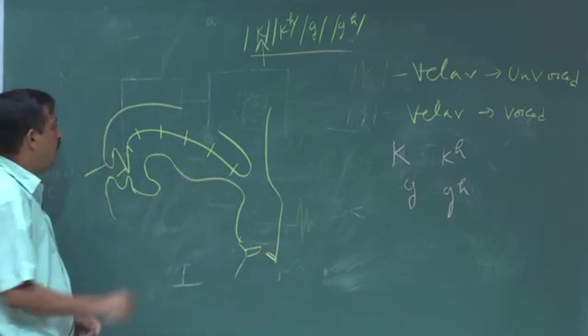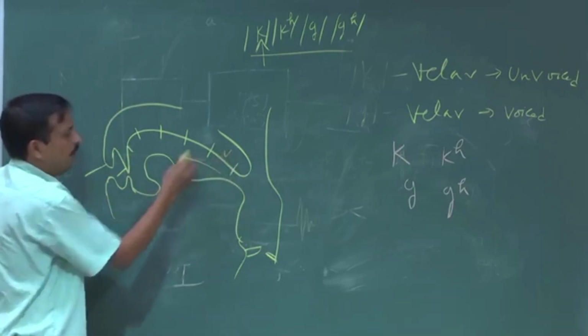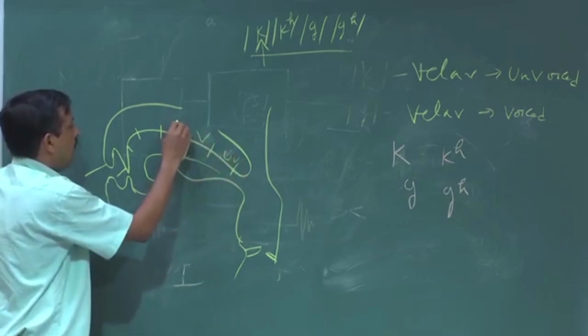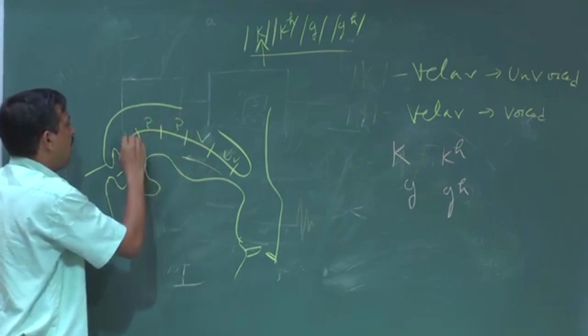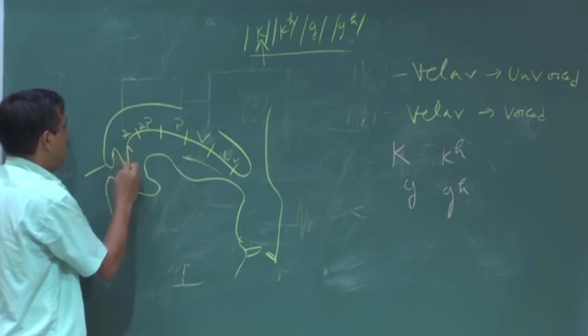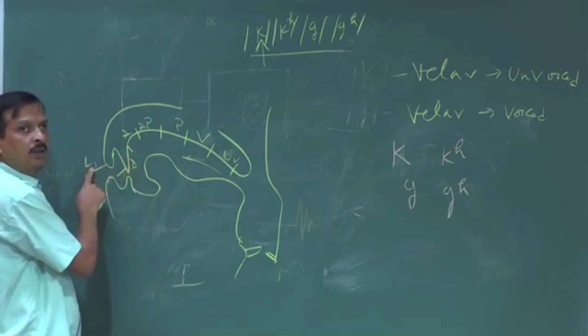Now if I come from this side: uvular, velar, palatal, post-alveolar, alveolar, then dental, then bilabial, labial.